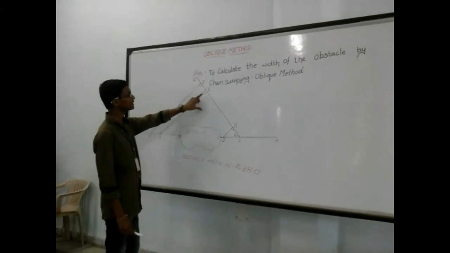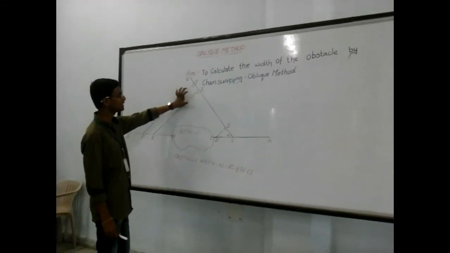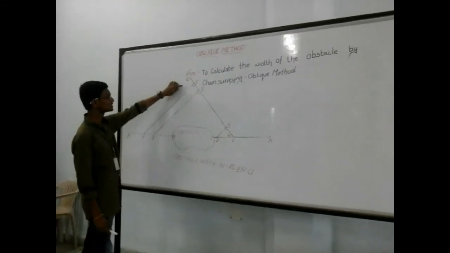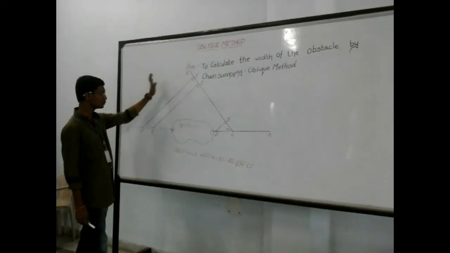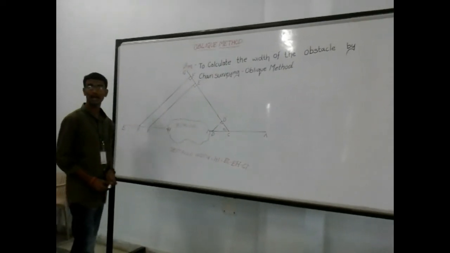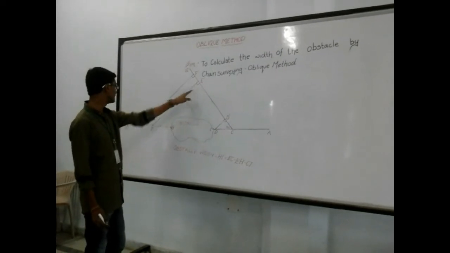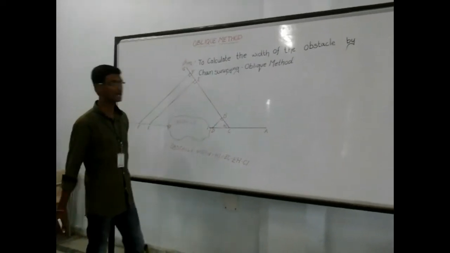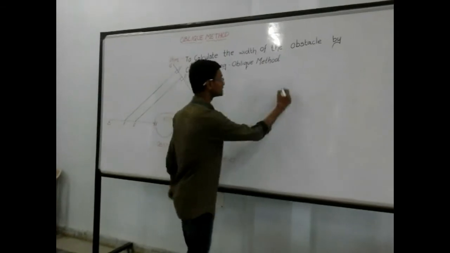Use it and locate another two points E dash and F dash such that their perpendicular offsets are after the obstacle, and these E dash and F dash can be calculated by using similar triangles.